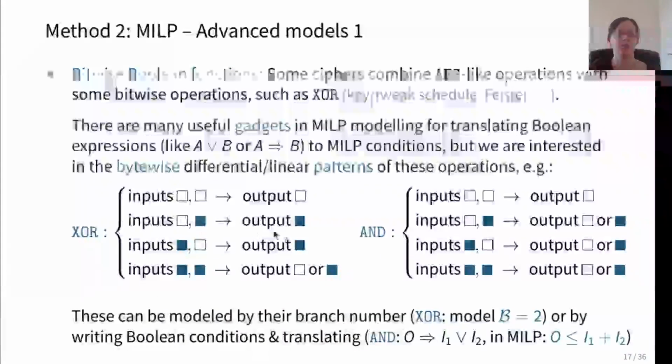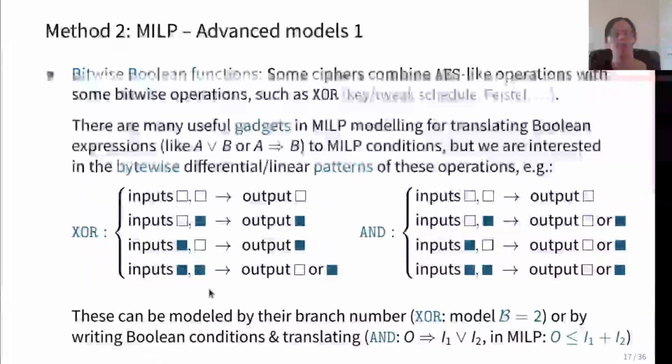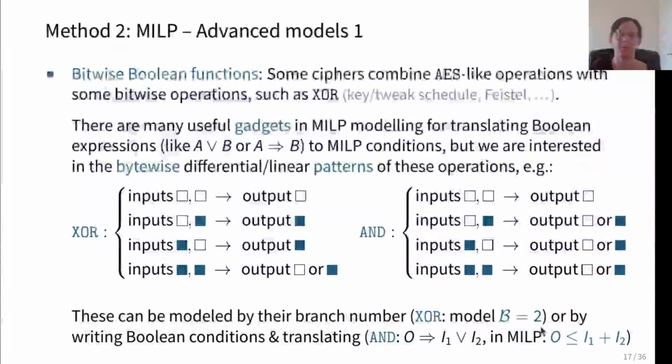So either one input and then the output must be active, or if 2 at the input are active, the output may or may not be active. So this is actually precisely described as a function with branch number 2. So we could use the same model that we saw for mixed columns, except that we replace the 5 by a 2 and the 8 by a 3, because we have 3 cells here, and then we use the same model.